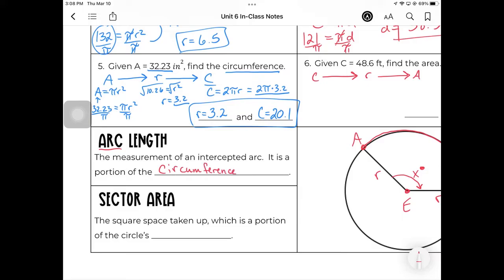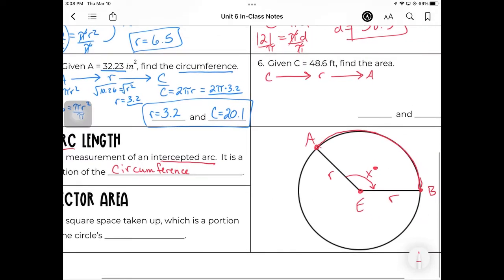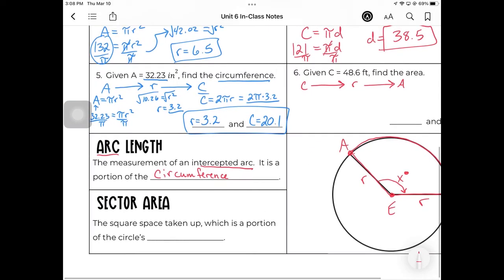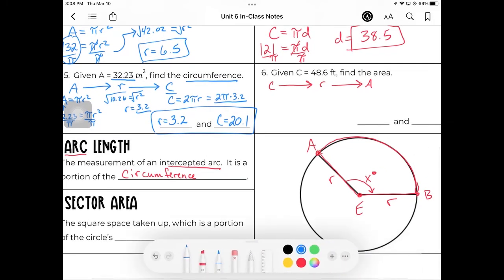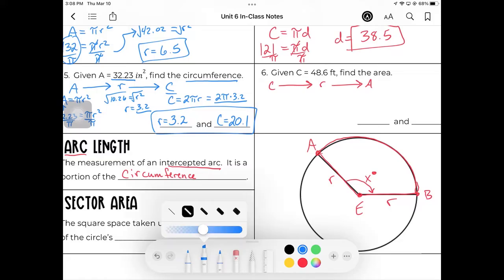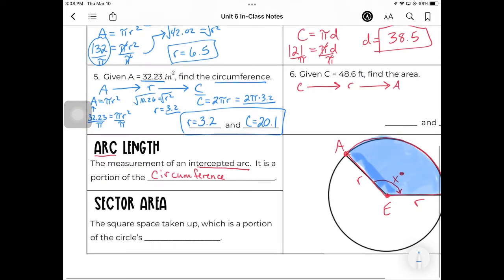of a circle. So the measurement of an intercepted arc, we use the word intercepted arc because it is intercepted by a radius here and a radius here, or intercepted by this angle at E, the central angle. It's a part of the circle's total circumference. Well, that also creates this idea of this section, whenever I put this boundary in with one radius, the other radius, and then the arc, that region has an area that we can measure, and that would be a portion of the circle's total area.